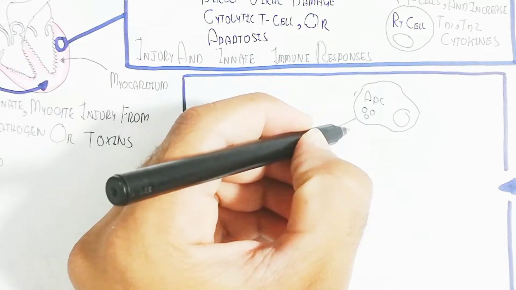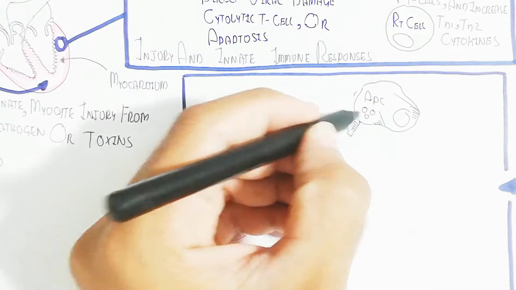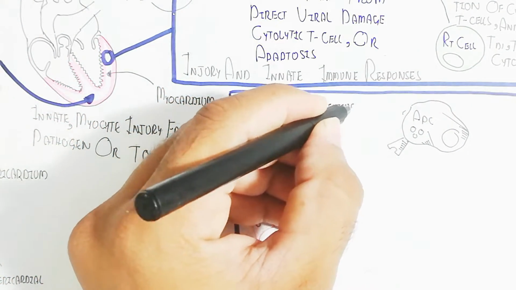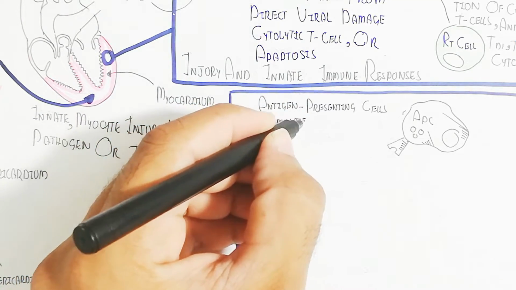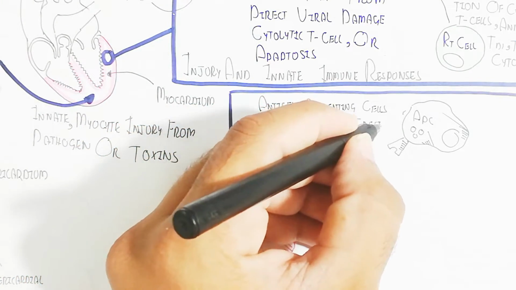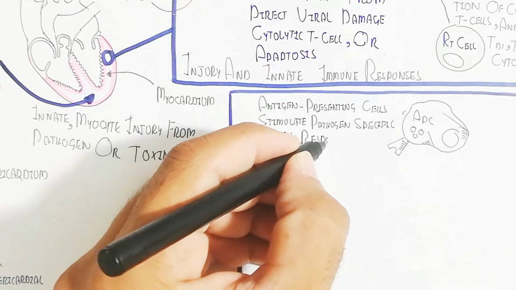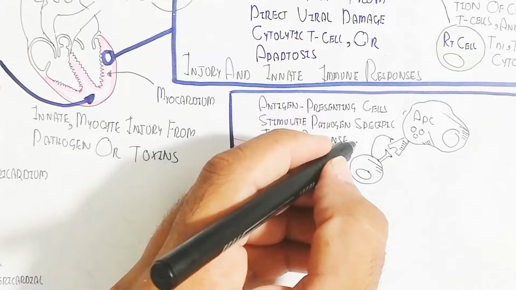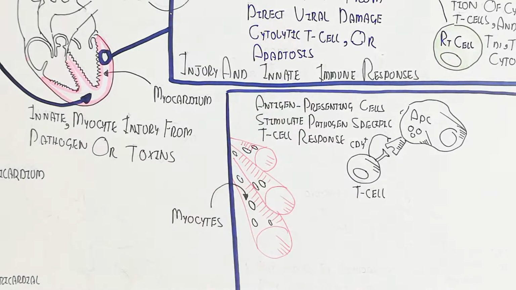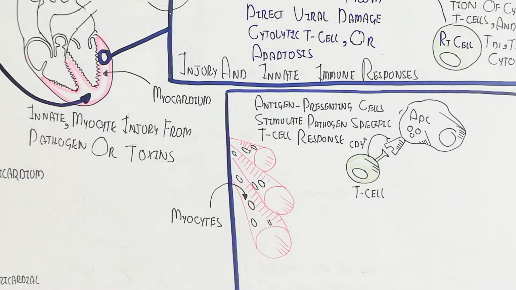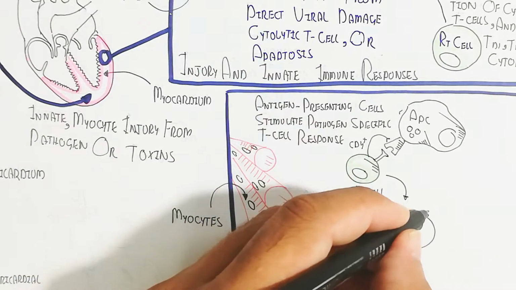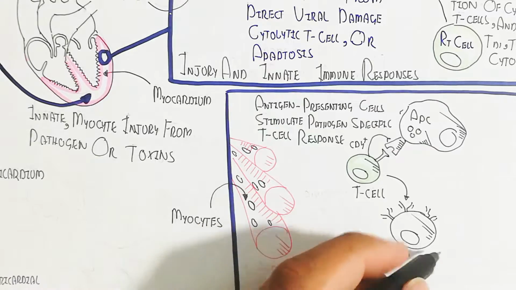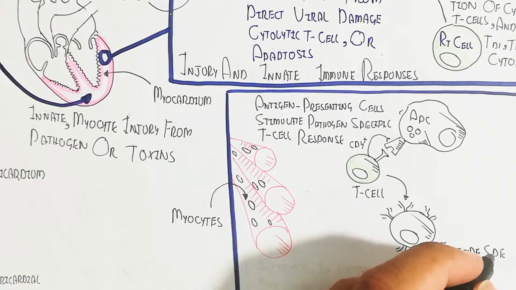In this way, the antigen presenting cell stimulates the pathogen-specific T cell response. The pathogen-specific T cell response occurs through recognition by the CD4 T cell, which signals the naive B cell to proliferate and produce the B memory cell as well as the plasma cell. The B memory cell and plasma cell produce the antibodies.